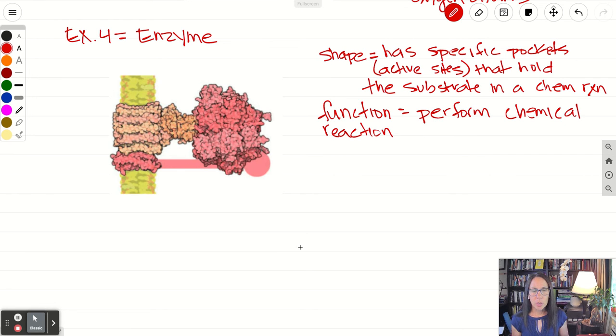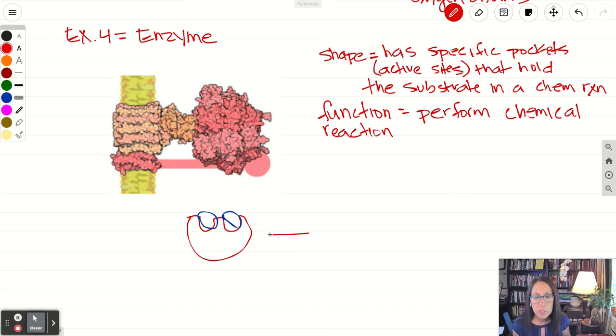Okay, so for example, let me just say that if I have an enzyme that is going to take 2 pieces and make them into one, it's going to have a shape like this. Okay, this is just a cartoon shape. Real proteins look like this. They're made of those little balls, but this is a cartoon shape. So one enzyme could have a shape like this where it holds one substrate here and one substrate here.